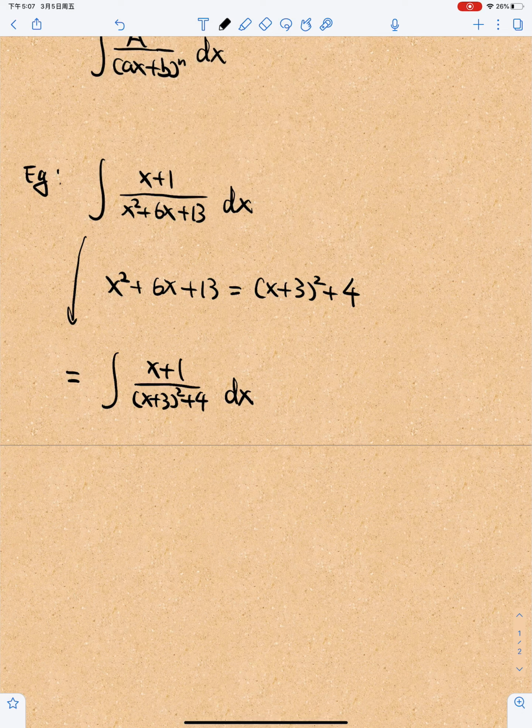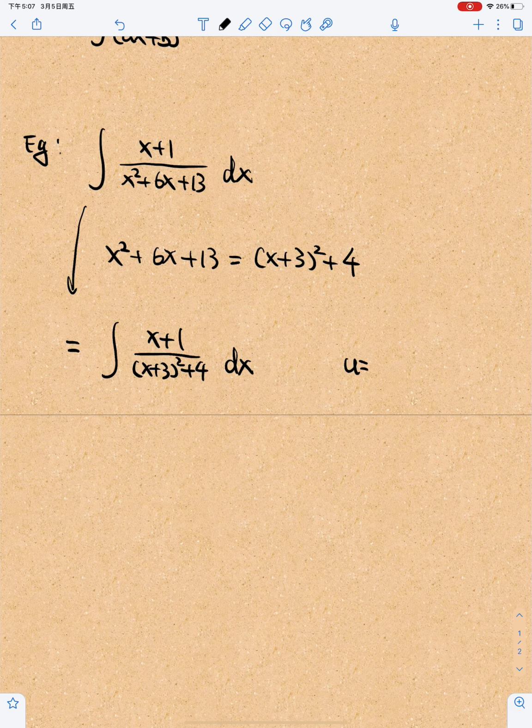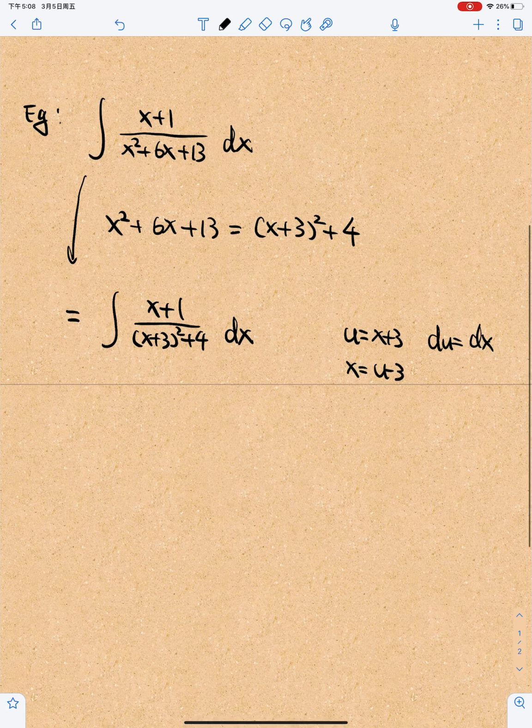The next step is to apply the substitution by setting u equal to x plus 3. That implies du is dx, and x is equal to u minus 3.